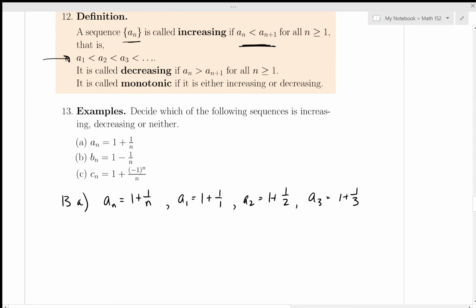It looks to me to be decreasing. We started at 2, then 3/2, then 4/3, and this fraction just keeps getting smaller. The 1 is always there, so this appears to be decreasing.